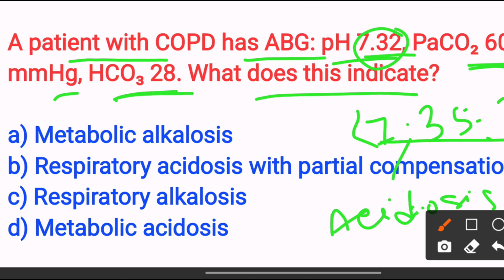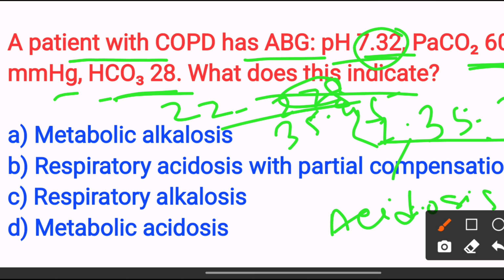PaCO2 normal is 35 to 45 and HCO3 normal is 22 to 27 or 28. So bicarbonate is normal and PaCO2 is abnormal, it is increased.